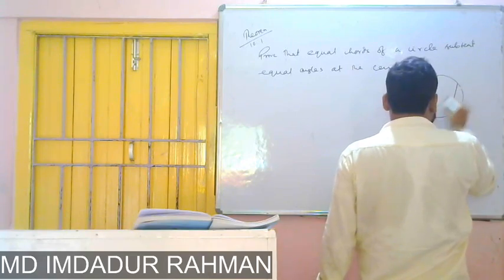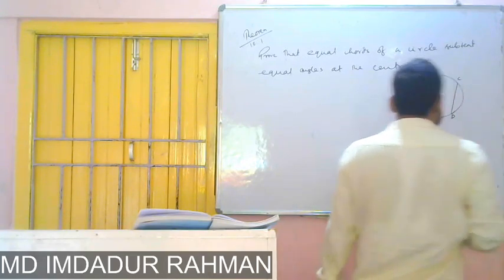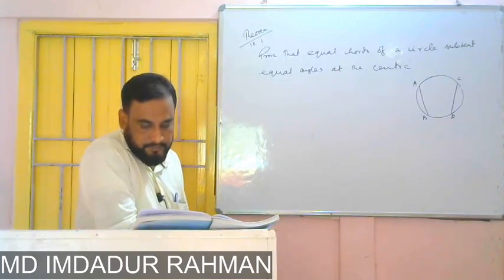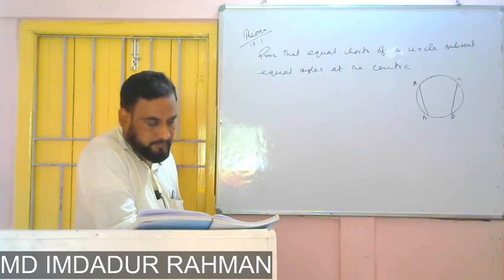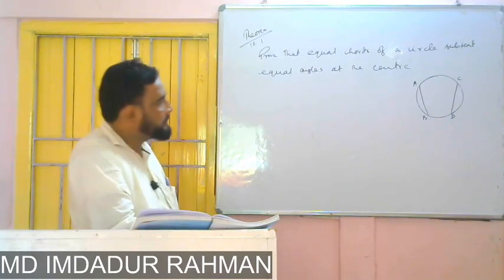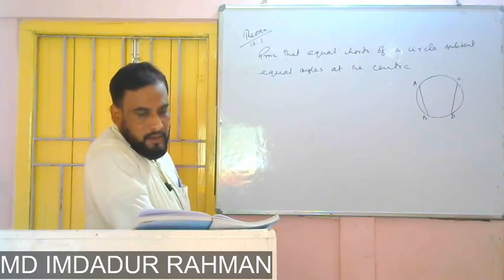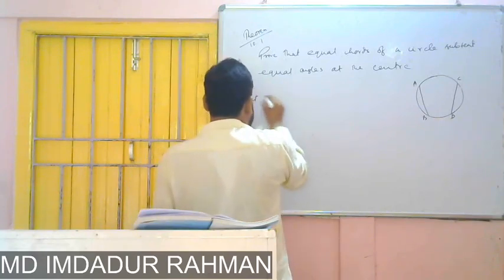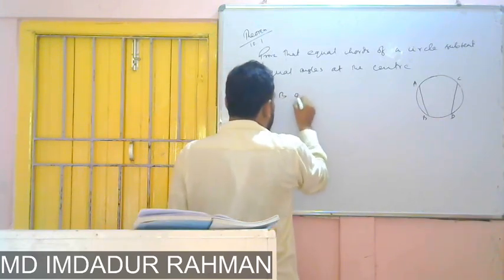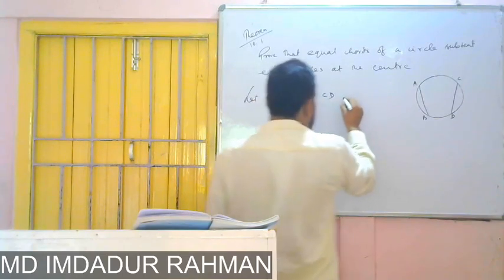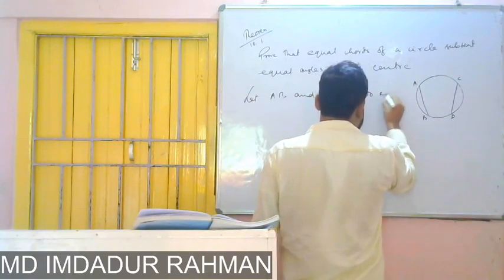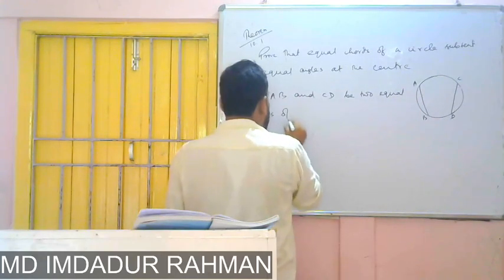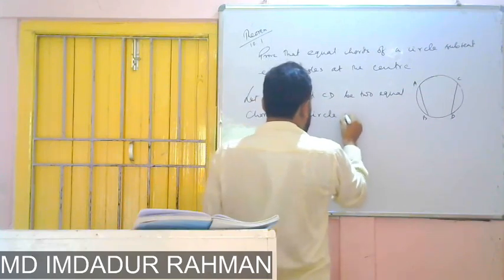AB and CD are two equal chords of a circle. So let AB and CD be two equal chords of a circle with center O.